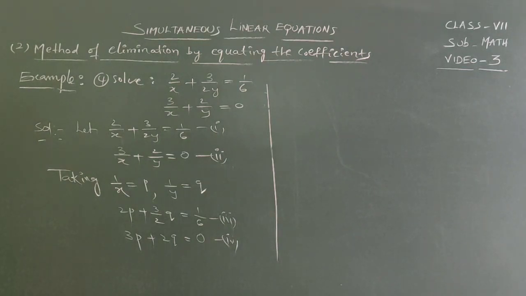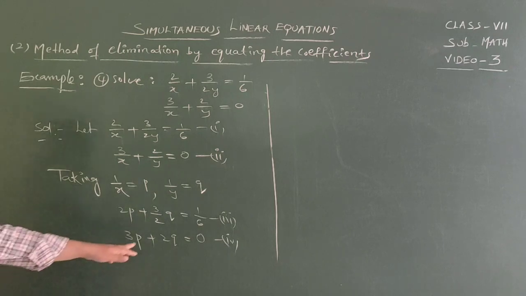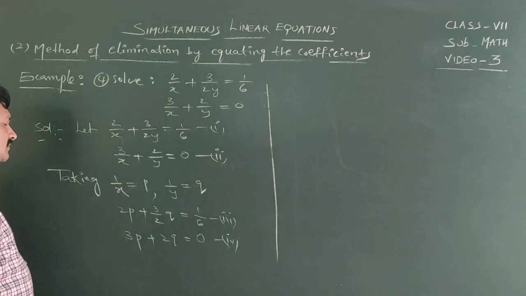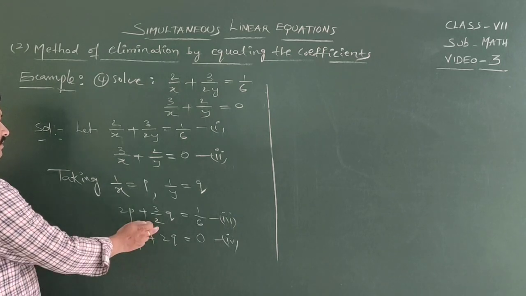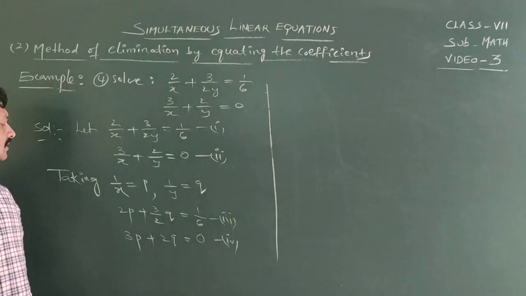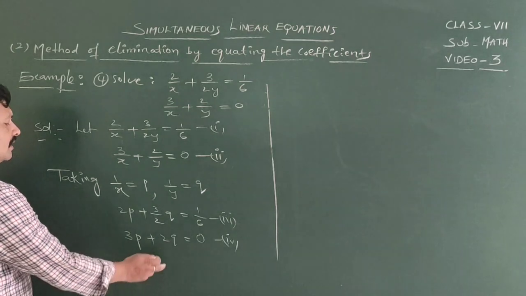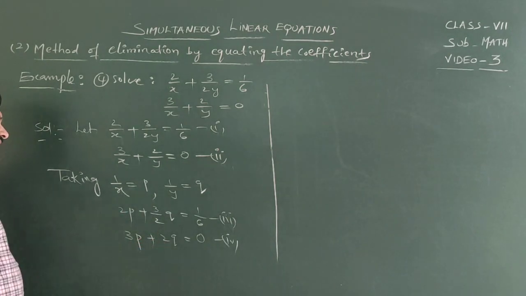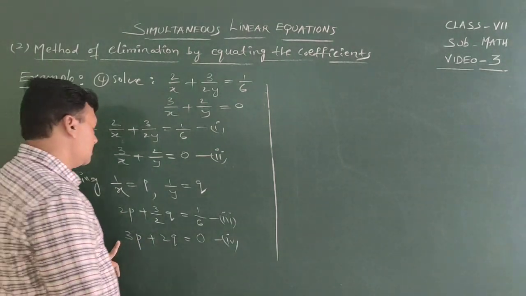Earlier we equated A, now second version, that is Q. Here, okay, 3 by 2 on the complex table, that's why I'll take again this one.